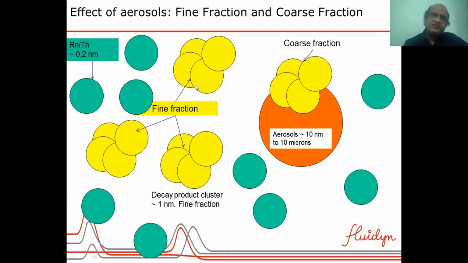The part which remains free in the air, that is, not attached to the aerosols, is called the fine fraction. That is a term used in the community. The fraction which is attached to the aerosol is called the coarse fraction. The transport of this material in the surrounding air is different because the aerosols are heavier.